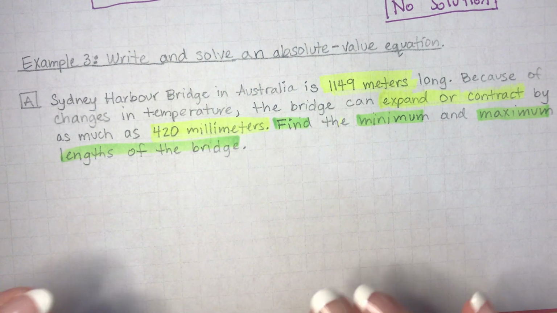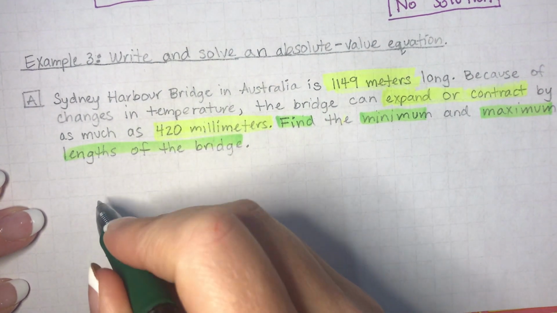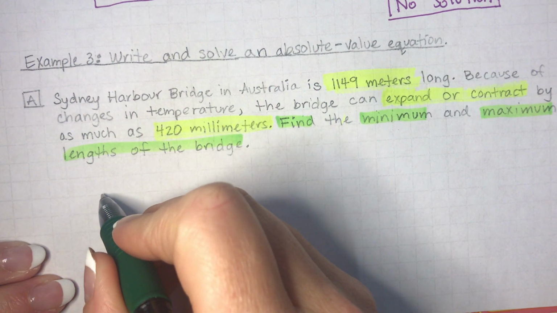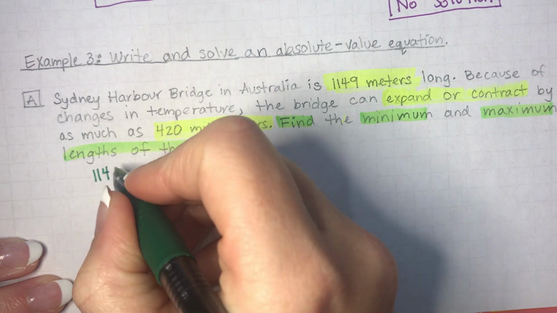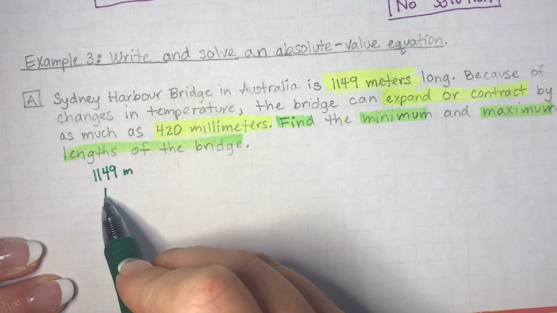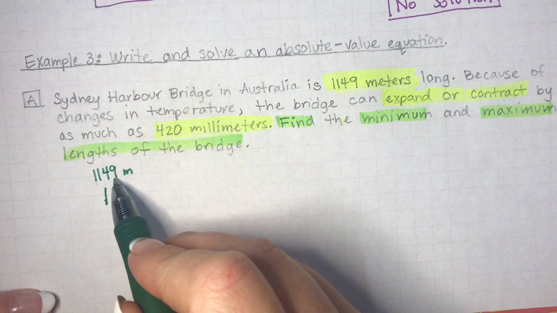So let's go ahead and look at this. We have a bridge, right? And the bridge is right here. I'm just going to mark 1,149 meters. Let's say it's that. That is 1,149 meters.